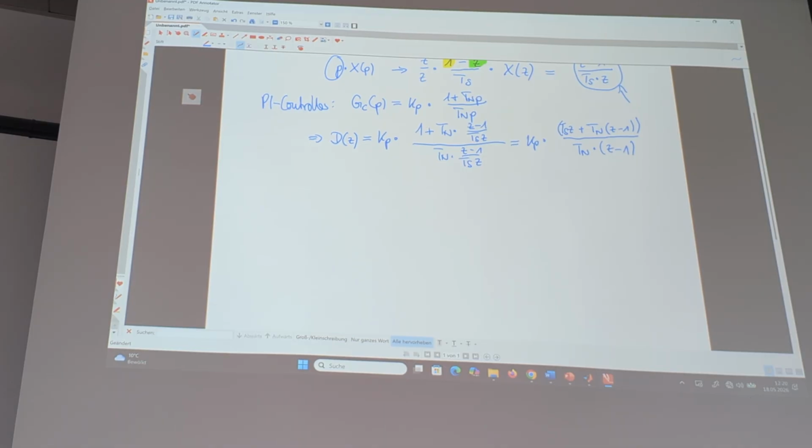Okay, so let's assume some values. For example, Kp equal to 3, Tn equal to 2 seconds, and Ts equal to 1 second.